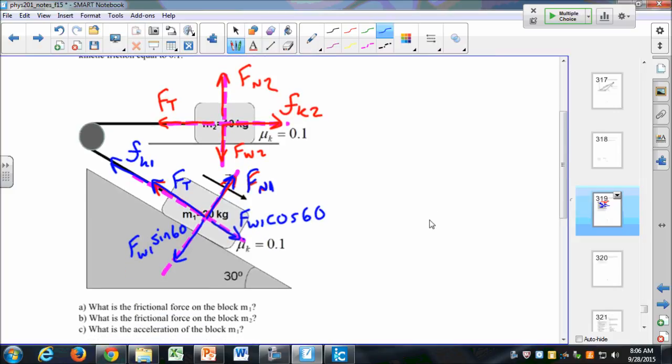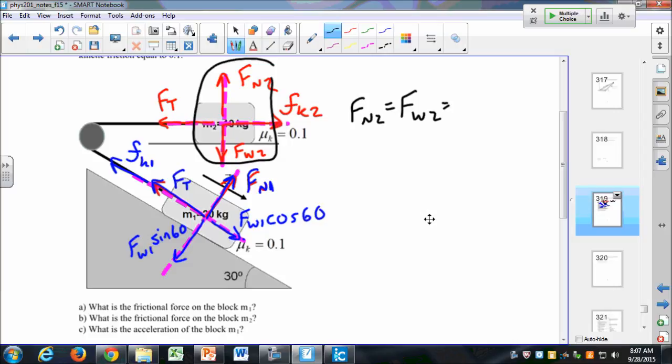All right, now you should be able to tell me what the frictional forces are pretty easily, because we first need to find the frictional force, we find the what? We need to find the normal force. So I can find the normal force simply here. My normal force Fn2 will equal Fw2.